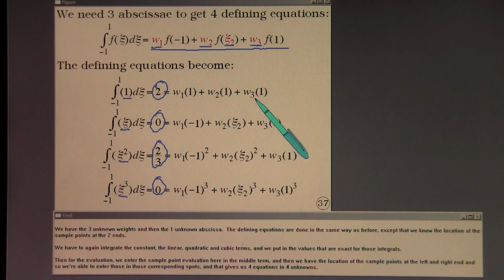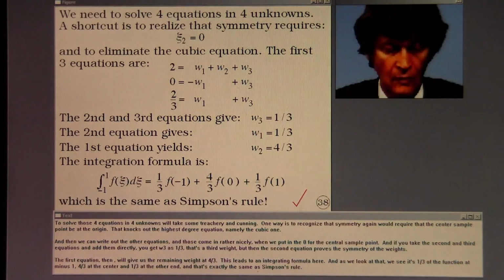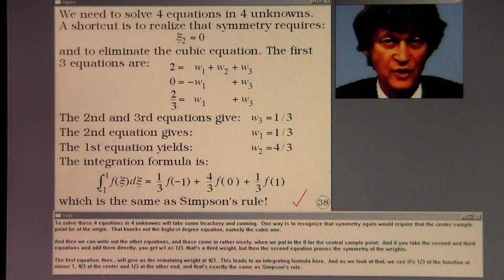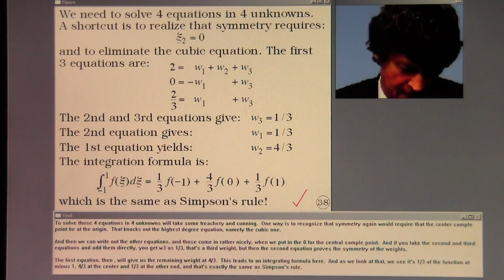Then for the evaluation, we enter the sample point evaluation here in the middle term, and then we have the location of the sample points at the left and right end, and so we're able to enter those in those corresponding spots, and that gives us 4 equations and 4 unknowns. To solve those 4 equations and 4 unknowns, we'll take some treachery and cunning.